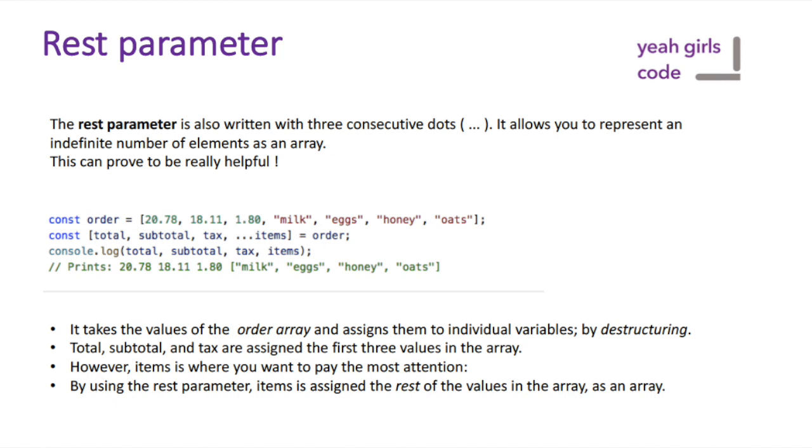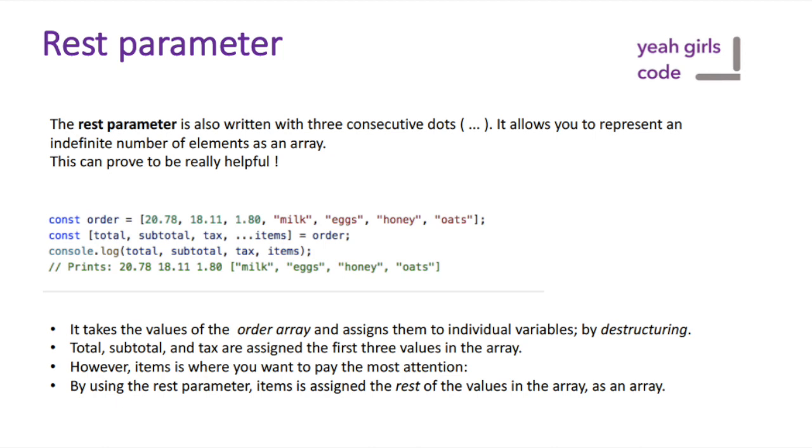And when you look at it, it prints exactly what you need. So the ...items is what you should really look at. Because by using the rest parameter, items is assigned the rest of the values in the array, as an array. See?